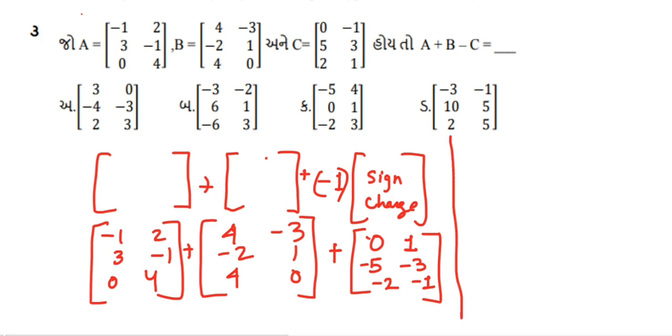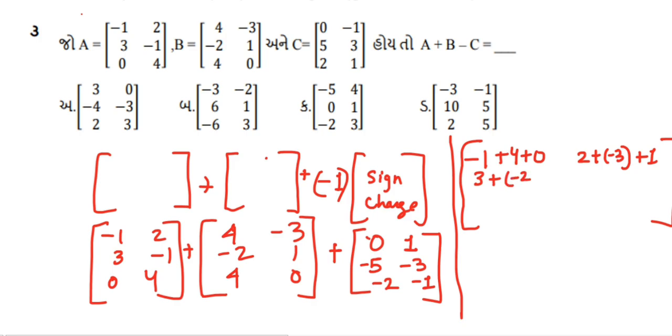Now we are going to add all these 3. First it will be -1 plus 4 plus 0. Second will be 2 plus -3 plus 1. Next will be 3 plus -2 plus -5, and next will be -1 plus 1 plus -3.